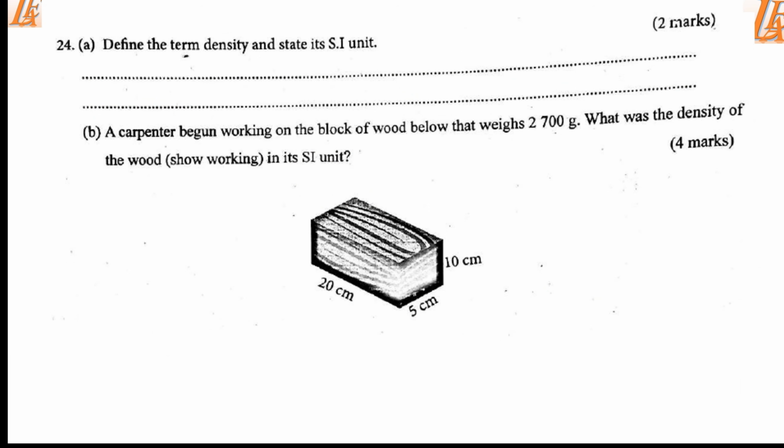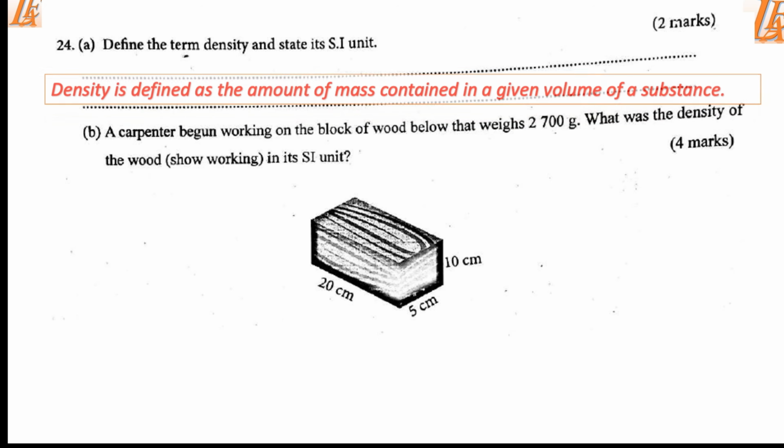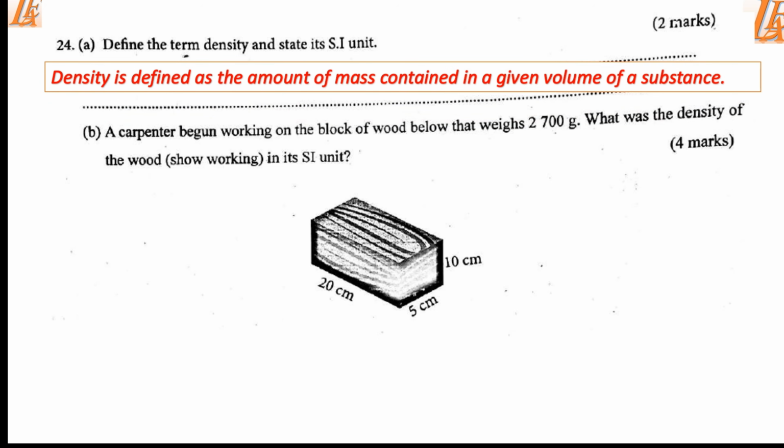Question 24. Define the term density and state its SI unit. So in this case, we define density as the amount of mass or amount of matter contained in a given volume of a substance. We can write it simply as density is equal to mass per unit volume.